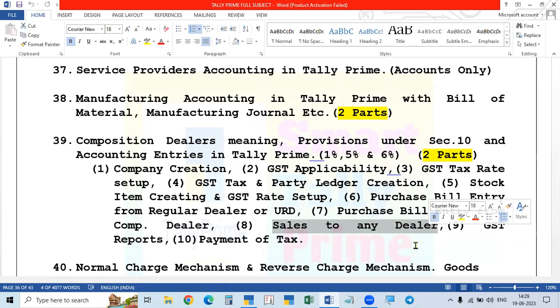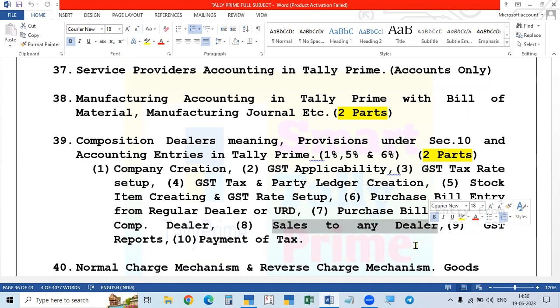So there will be no tax in the sales vouchers, whether you sell to a registered dealer, unregistered dealer or composition dealer, to whomever you sell in that local area, you cannot levy any tax. But if you sell taxable goods, you have to pay 1% from your pocket. For non-taxable goods, that is nil-rated and exempted goods, you need not pay any tax.